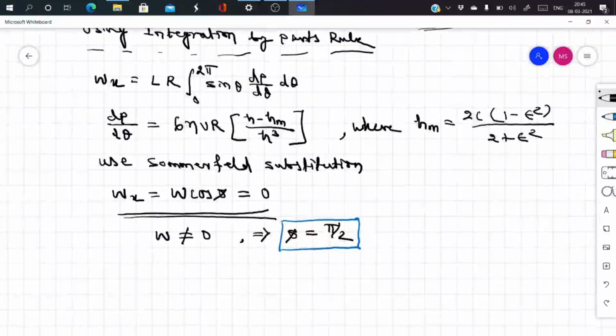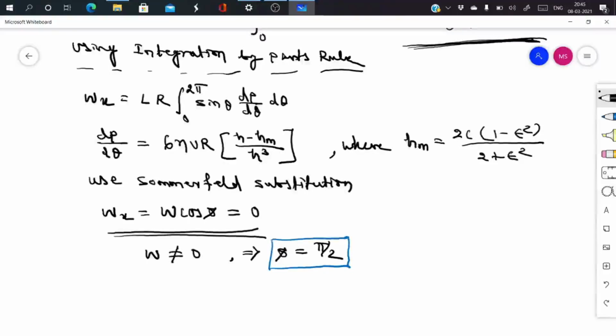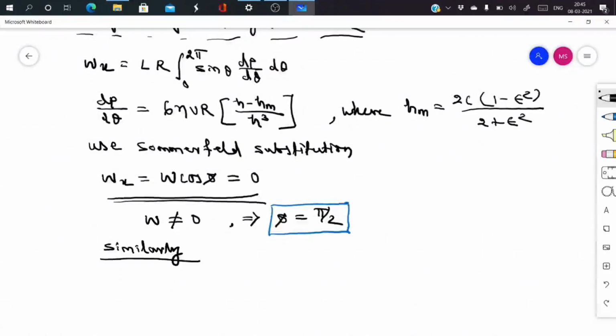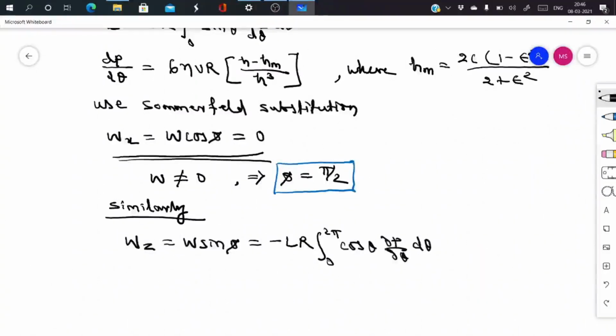Okay, so now similarly let us find out Wz, which is equal to W sin phi. Using integration by parts, you will get minus Lr integral 0 to 2 pi cos theta del p upon del theta d theta. Now use the same Sommerfeld substitutions.